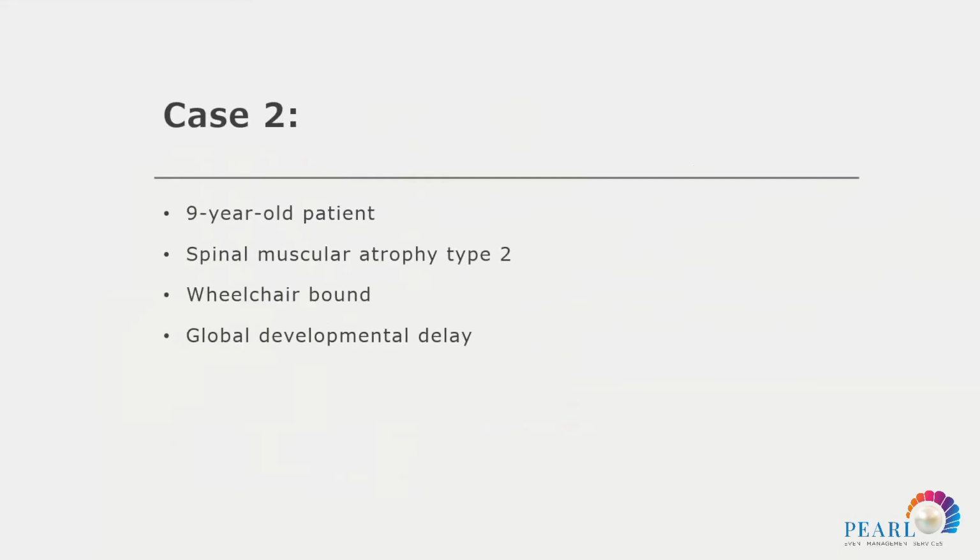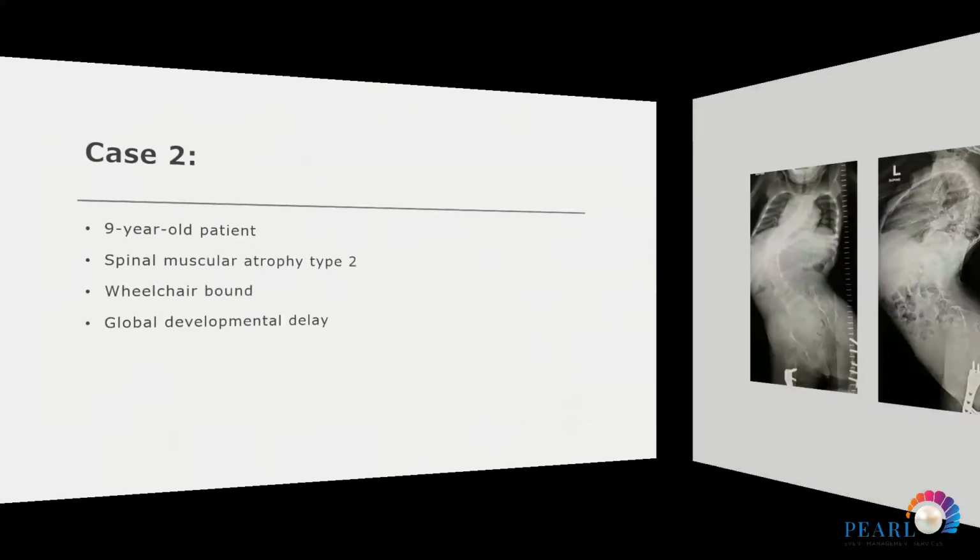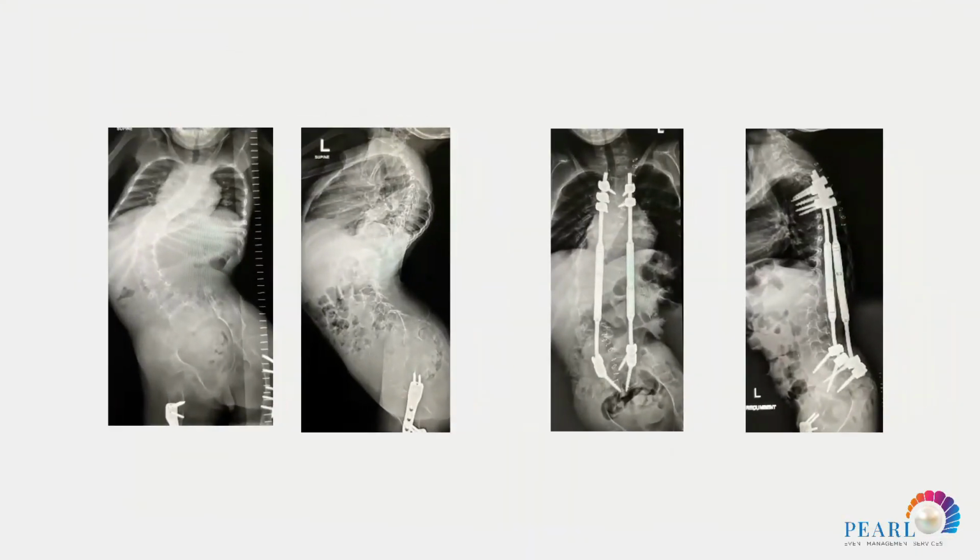Another case: a 9-year-old patient, spinal muscular atrophy type 2, wheelchair bound, with global developmental delay. Very big thoracolumbar curve with pulmonary compromise and hyperkyphosis, hyperlordosis. At 9 years old, we used the growing rod technique, magic rods, the name of the technique.